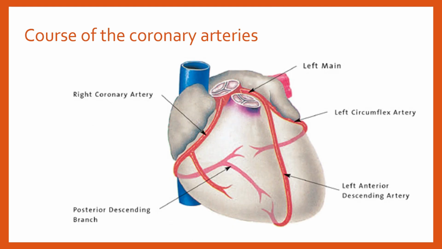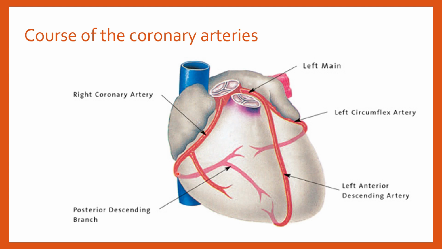Coming to the course of the coronary arteries, the right coronary artery, after it arises from the anterior aortic sinus of the ascending aorta, passes forwards and to the right between the pulmonary trunk and the right auricle. It passes downwards along the right part of the atrioventricular groove.